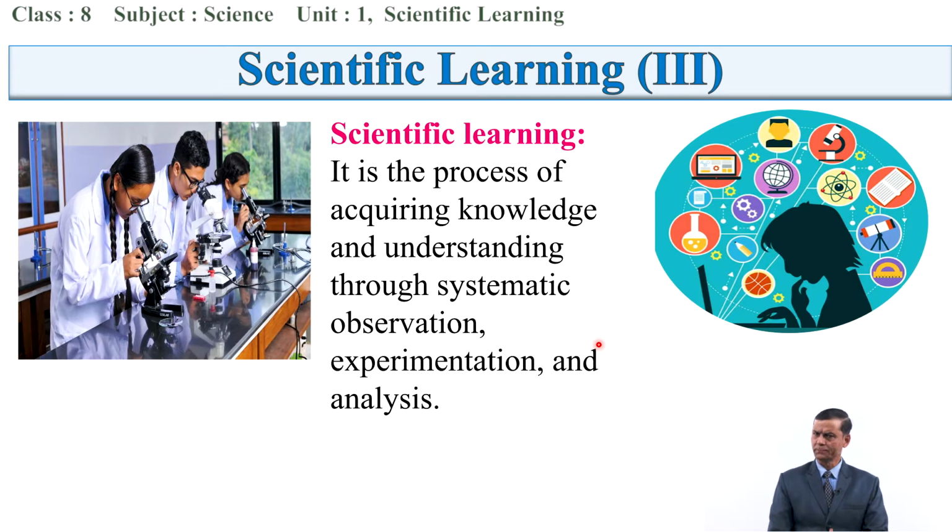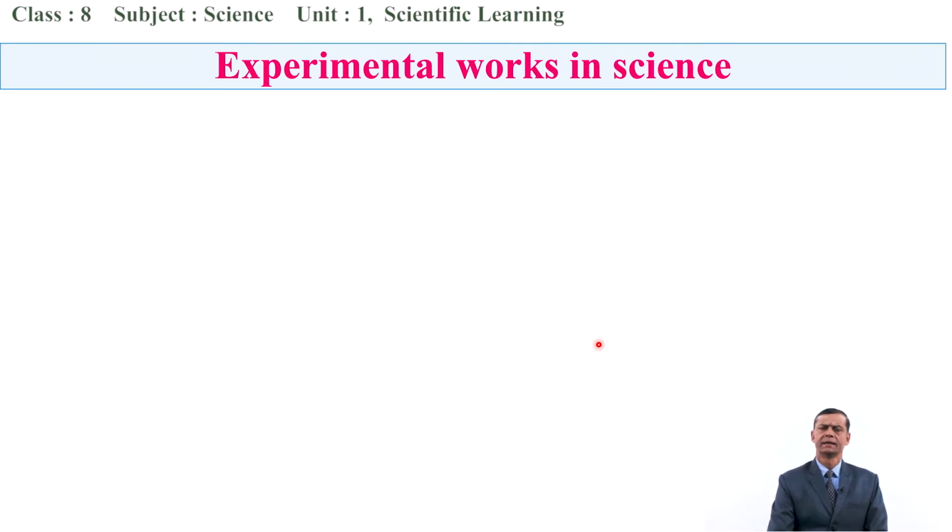We have to observe any subject matter or issue, and we do experiments to see whether the issue or subject matter is proven or not. Then we can analyze and draw conclusions. These are the scientific learning processes, isn't it?